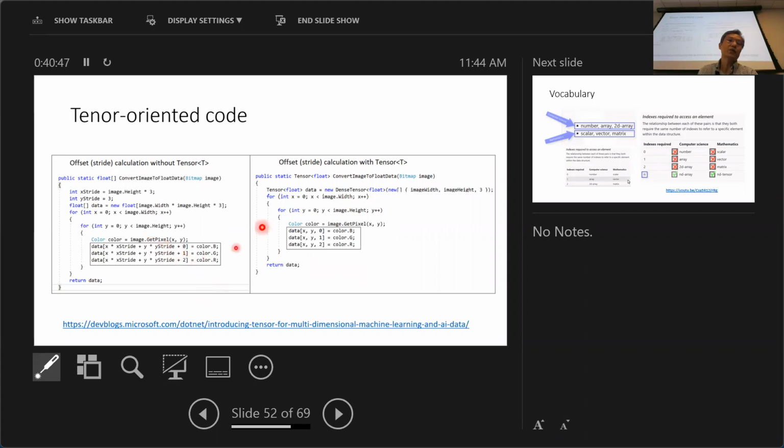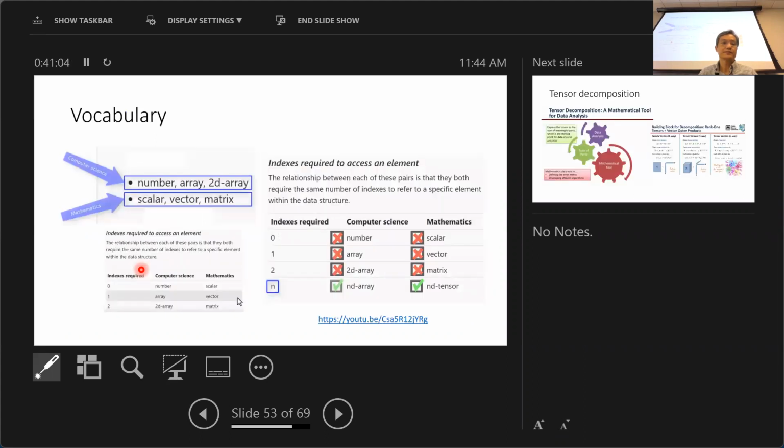But it depends on your language. If you are using C, you may have to write your own library or function that can take care of this tensor structure. So you can call it number array or 2D array.